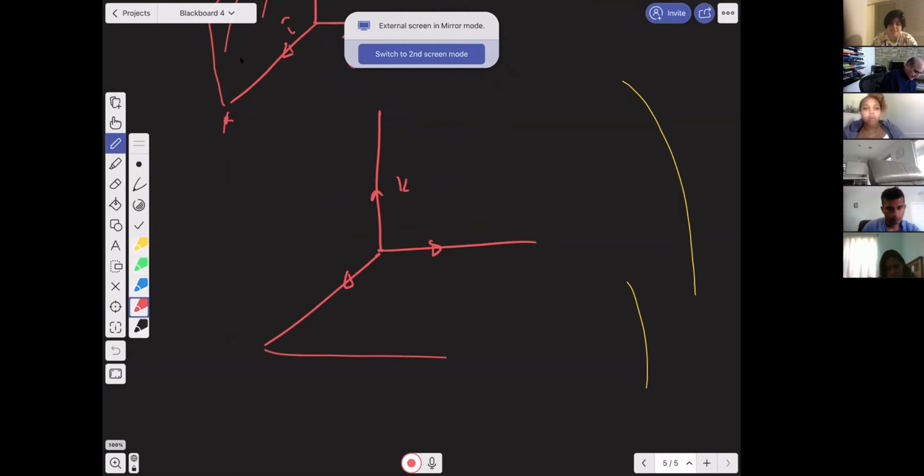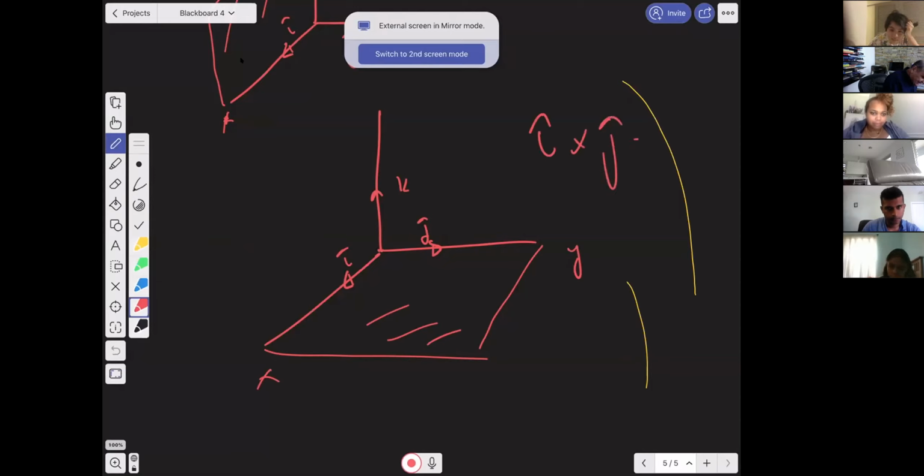Do you see this plane? Which two vectors are on the plane xy? i and j. Which vector is perpendicular to the plane? k. So I say that i cross j is k, the vector that is perpendicular.